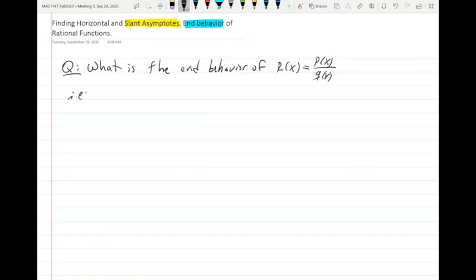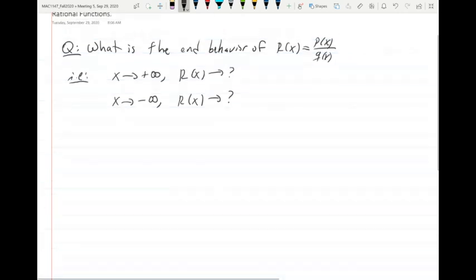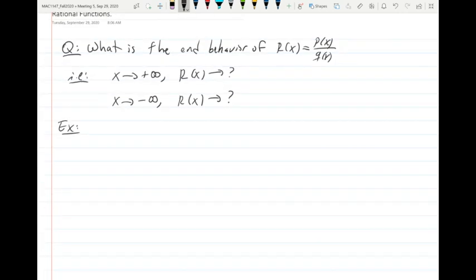In other words, what we are asking is, given a rational function, as x approaches positive infinity, what could we say about r? And when x approaches negative infinity, what could we say about it? So how do we do this kind of stuff? All right. So let us analyze. We're going to analyze 3 examples, and from these 3 examples, we're going to hopefully draw some conclusions.